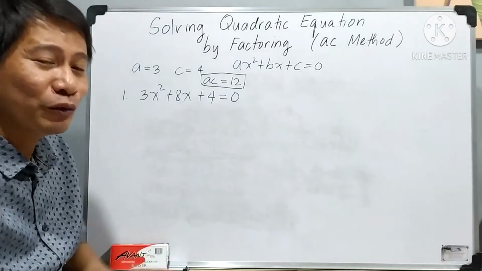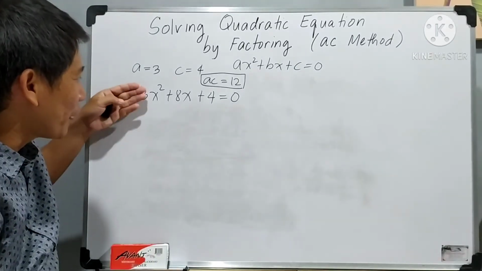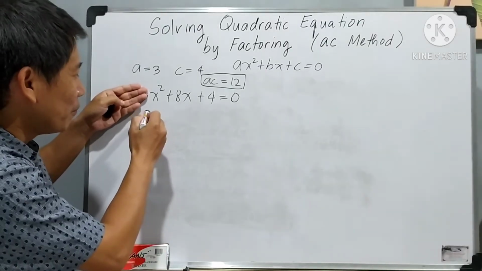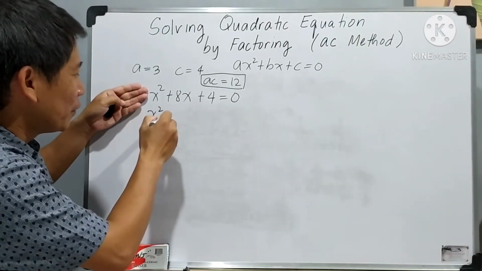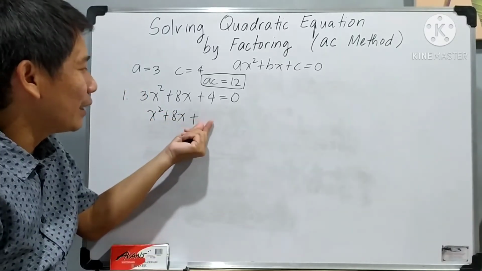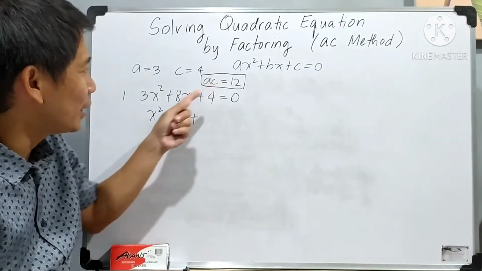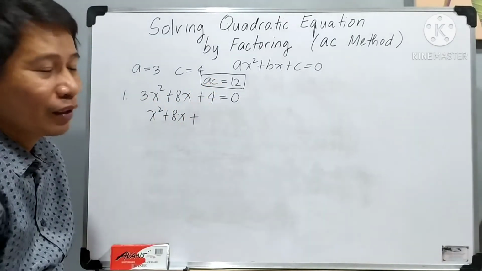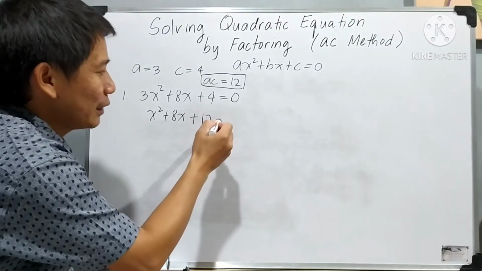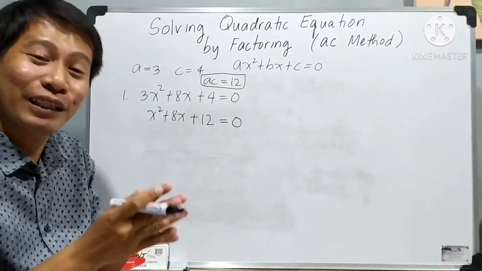Bakit? Ito po. Ang una niyong gagawin is, tanggalin muna si A. So, i-rewrite ninyo ang inyong equation without A. So, we will have x squared plus 8x plus, ang ilalagay niyong pinaka-constant nyo ay si AC, which is 3 times 4, and that is 12. And that is equal to 0. So, yun po yung nadagdag na step.